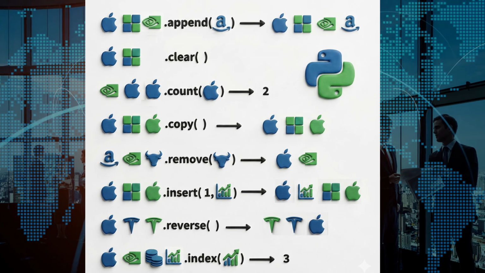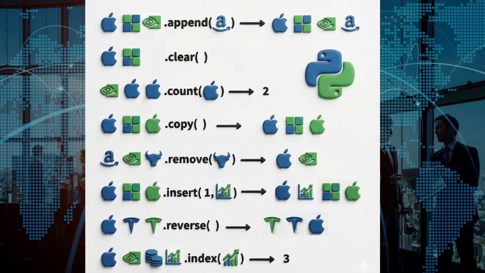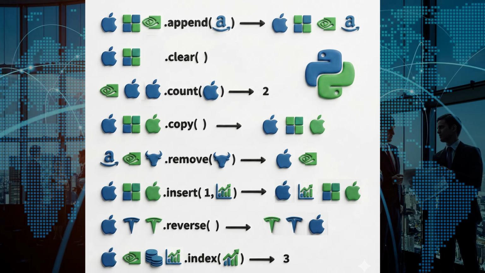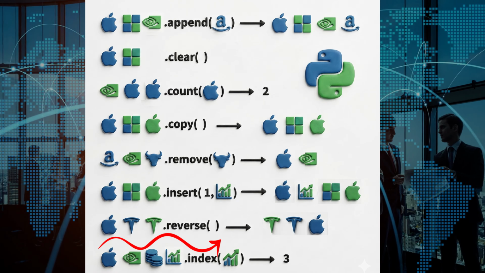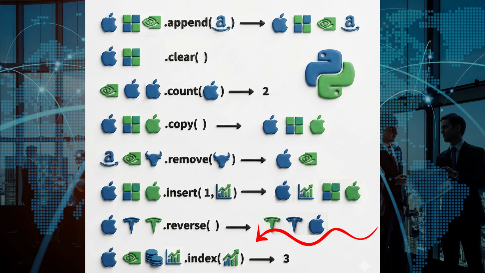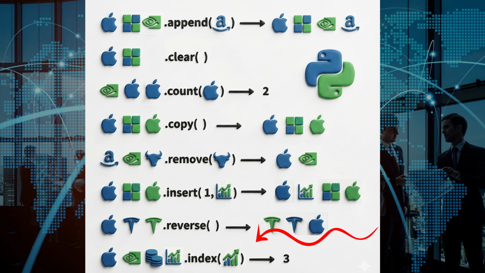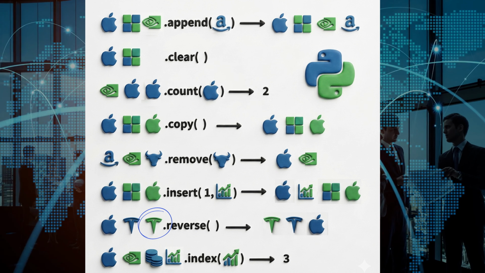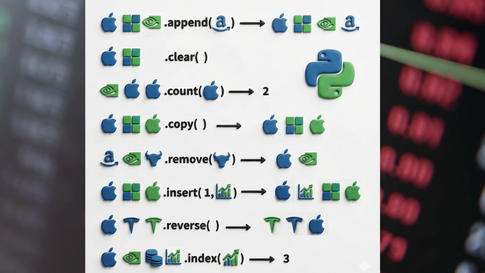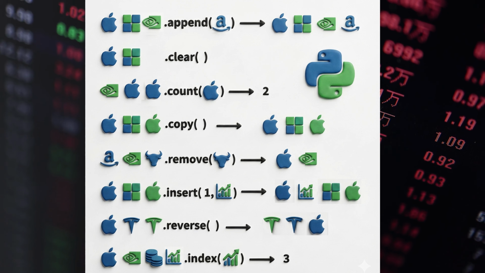Finally, we change our perspective. Sometimes, chronological order is boring. We want to see the most recent news first. We use reverse. This flips the order of elements in place. It transforms a chronological timeline into an anti-chronological one, putting the newest data at index 0. And lastly, we need to find the needle in the haystack.